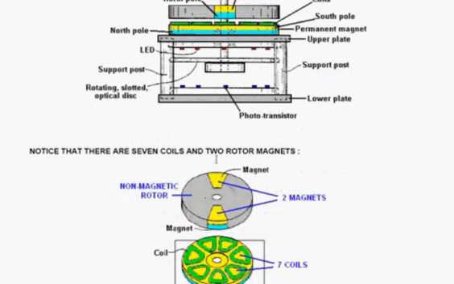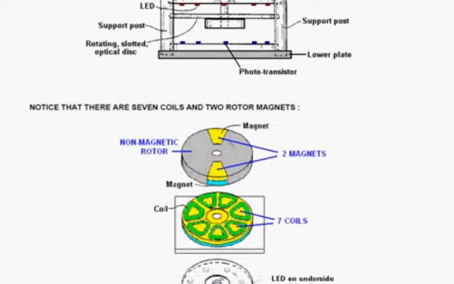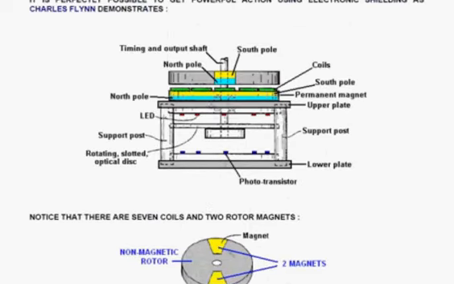Now, the rotor above it has got just two magnets in it. And the magnetism is manipulated by 7 coils placed on top of the disk magnet. Now, the disk magnet itself is sitting with a hole through it, which allows the rotation of the central shaft. And that central shaft is both output and timing.